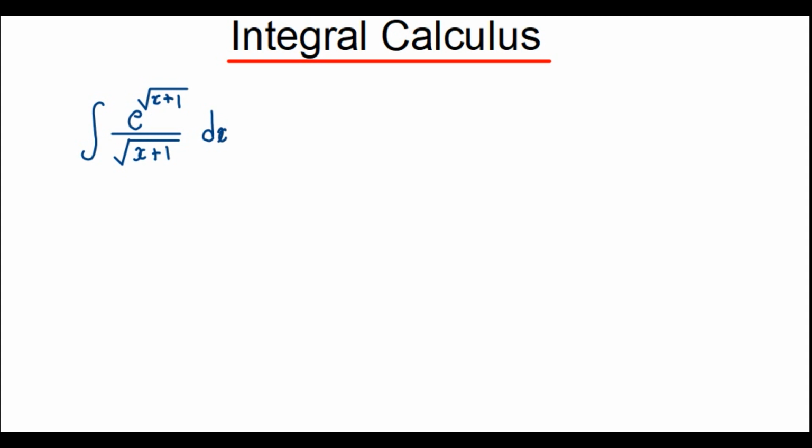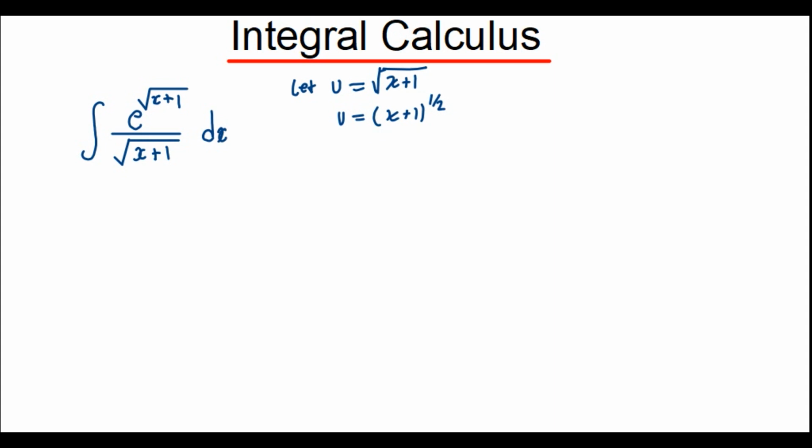So while using u substitution, I'm going to let u be equal to the square root of x plus 1. Your u can also be written as x plus 1 to the power 1 over 2. So this and that are one and the same.